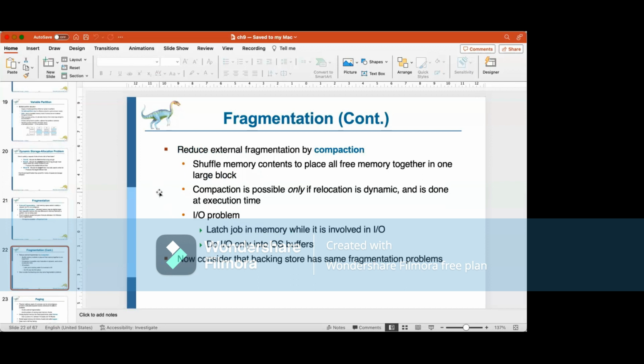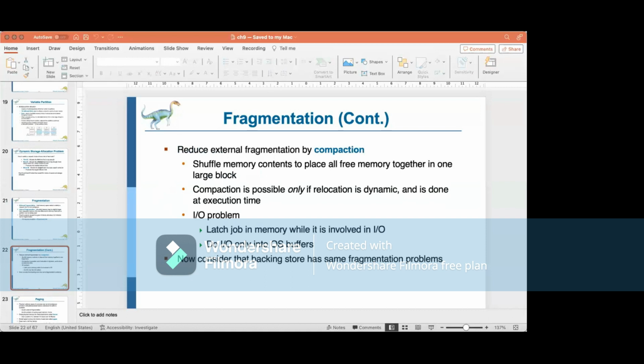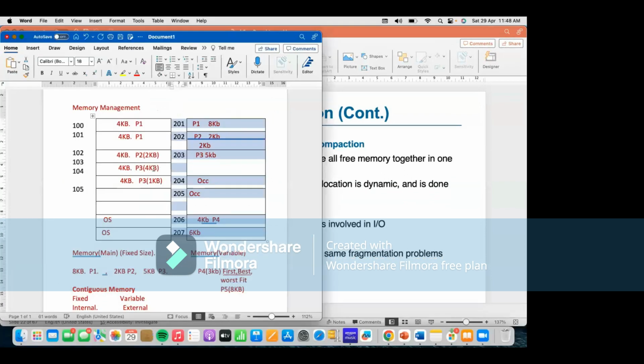How to reduce fragmentation? To reduce fragmentation, we have to combine the free locations. That is the way of reducing fragmentation.